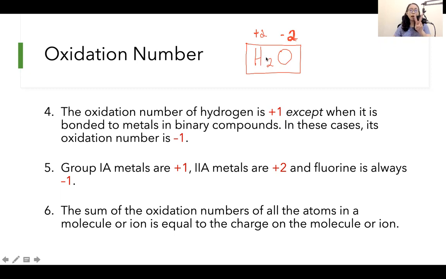However, you have two hydrogens in this molecule. So it's like one hydrogen is contributing positive 1 charge. That is why we say that the oxidation number of hydrogen in water is positive 1, and the oxidation number of oxygen in water is negative 2.